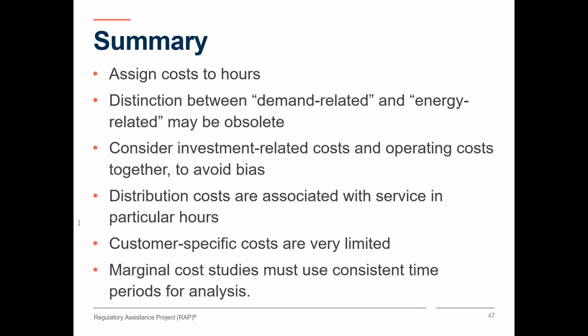The shared distribution costs are associated with service in hours and need to be assigned to those hours, not on a simple demand or customer basis. But the customer-related costs on the system are very, very limited, and marginal cost studies must be constructed to use consistent time periods for analysis of generation, transmission, and distribution costs.